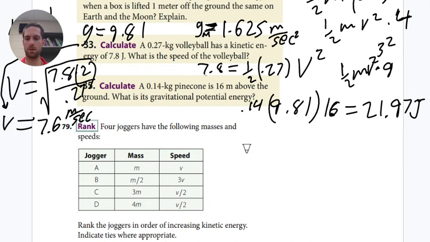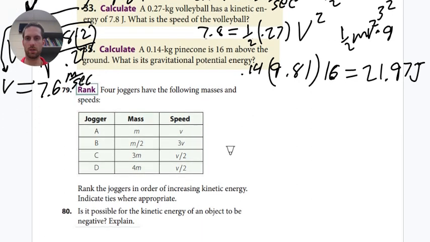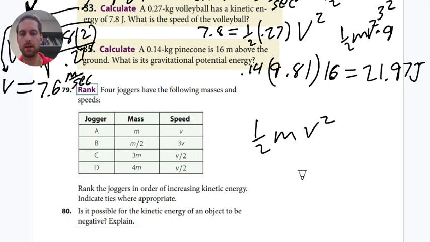Yeah. So for this 79, we're going to rank these in order of increasing kinetic energy. So kinetic energy is 1/2 mv squared.